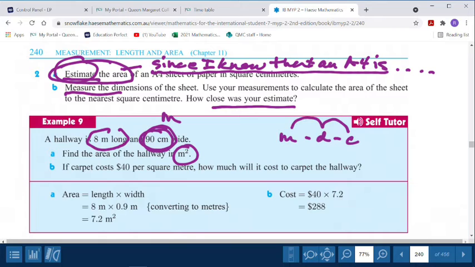So that means we're going to jump 2 places to the left. So if it's 90, the decimal is at the end. So if we move it 2 places to the left, that makes it 0.9 times the 8, which would give us our measurement of 7.2 meters squared.